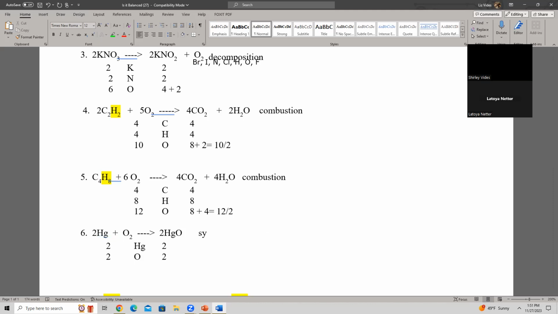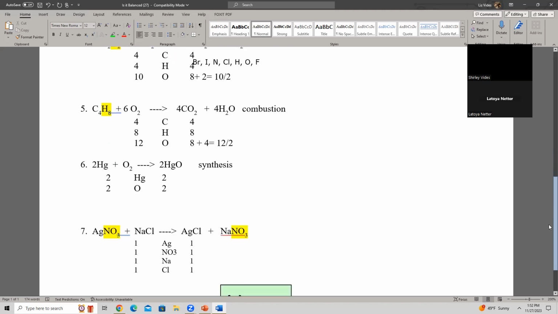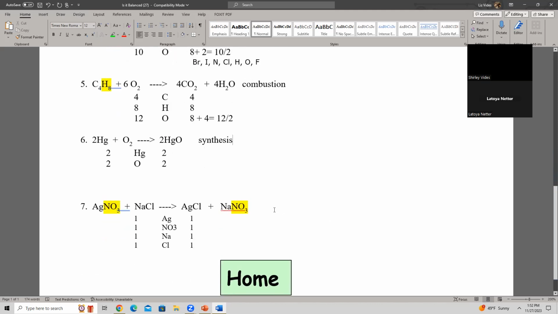Nope. It's a synthesis. Why is it a synthesis? How many products do we have? One, right? There's no plus after the H2.